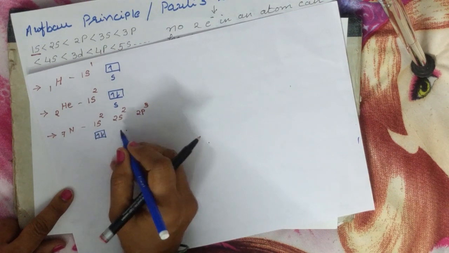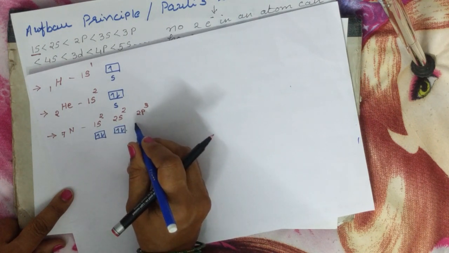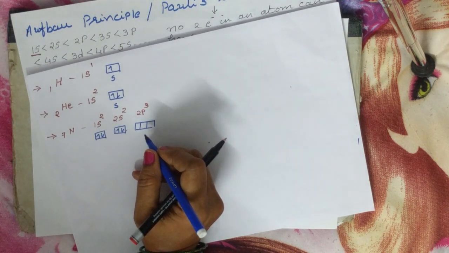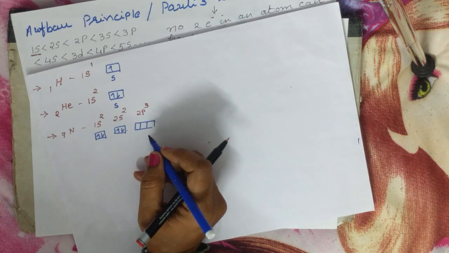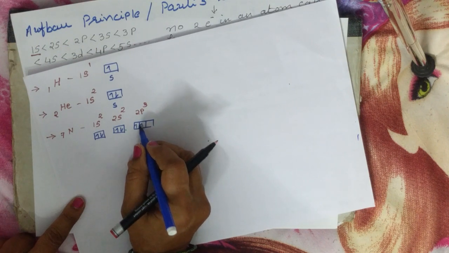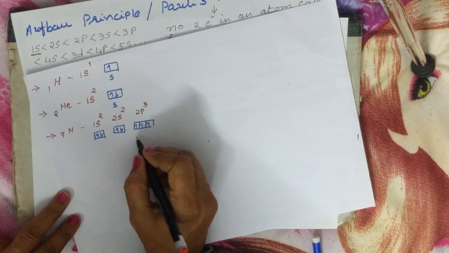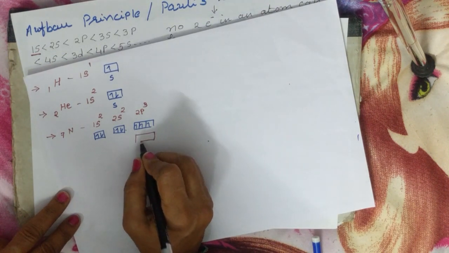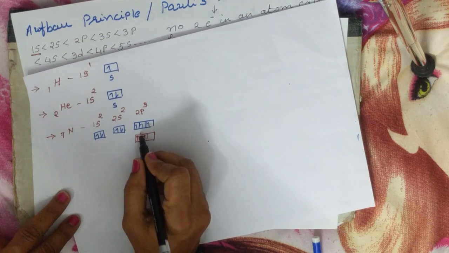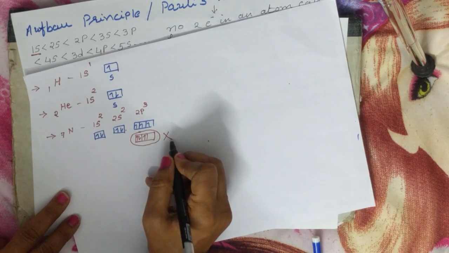This is 1s2, this is 2s2, and here, student, as per Hund's rule, you have to show that all 3 electrons are accommodated in px, py and pz. If you write it the other way, then this orbital configuration notation is wrong.